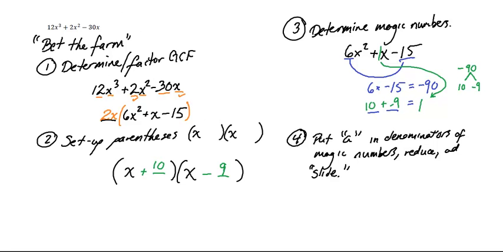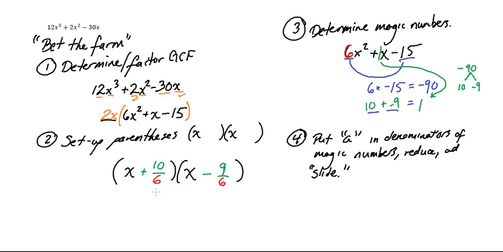All right, what am I talking about? Well, okay. So the a value, right? The a value here is 6, right? So I'm going to go ahead and put this over 6. And I'm going to put the 6 under here as well. And now I'm going to reduce those fractions.